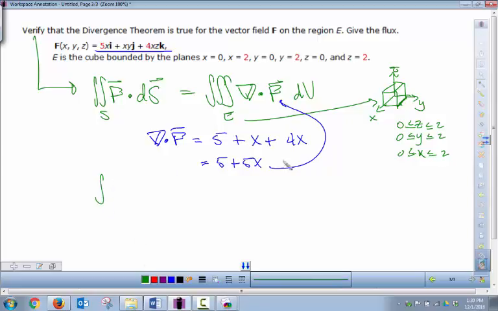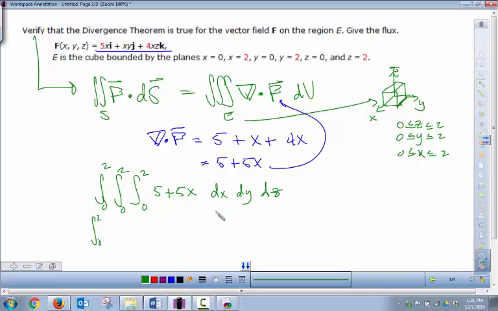So we have a triple integral. I'm going to set this up already as a triple integral of 5 plus 5x. It looks like the only variable I have here is x, so the other variables I can take out and do separately.